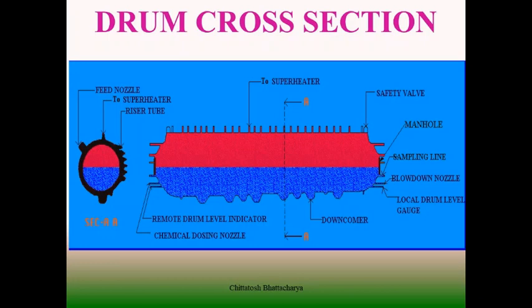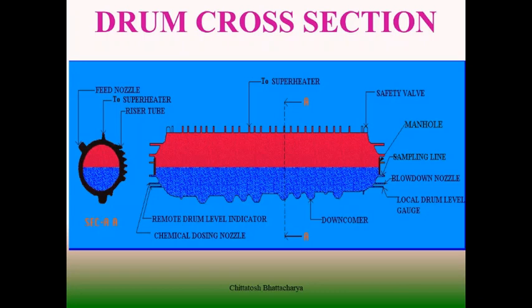Then we have downcomers at the bottom of the drum, which take the water separated from the water steam mixture coming from the water walls, and this water passes through the downcomers.